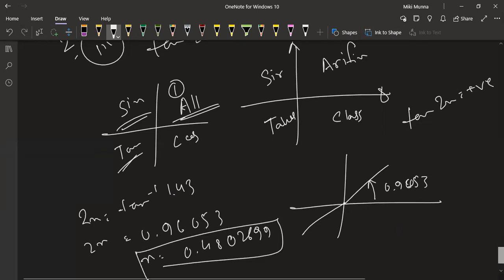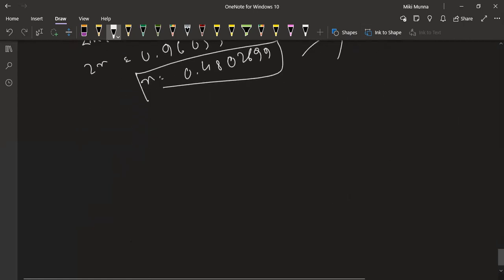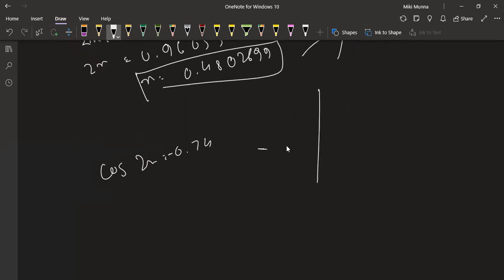Now moving on to the next question, we have number 6 here, which is cos of 2x equals to 0.74. Now they've given us a negative value. Now let's again draw it, all sine, tan, cos. So in which two portions is cos positive and cos negative? Cos is positive over here, here, and negative in these two sides.